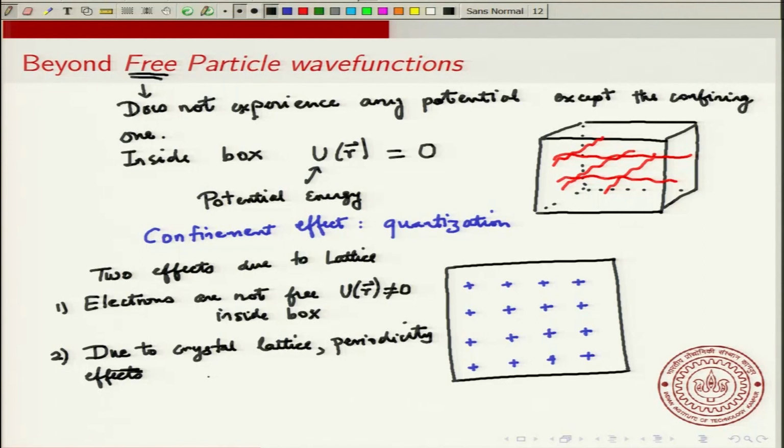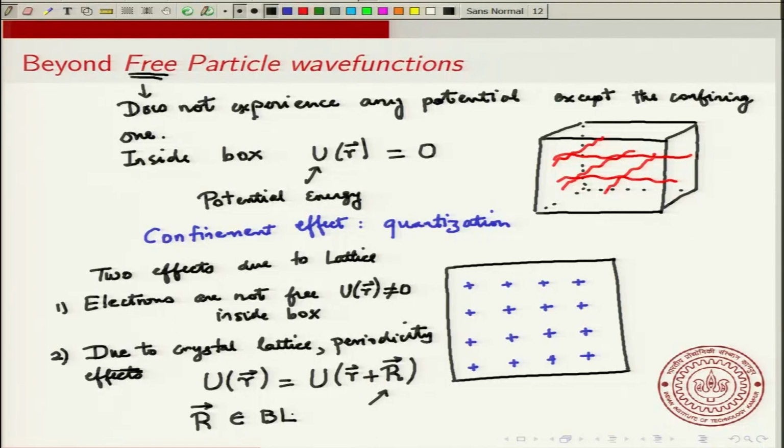What it means is that u of r is equal to u of r plus some lattice translation vector, where the translation vector belongs to the Bravais lattice.